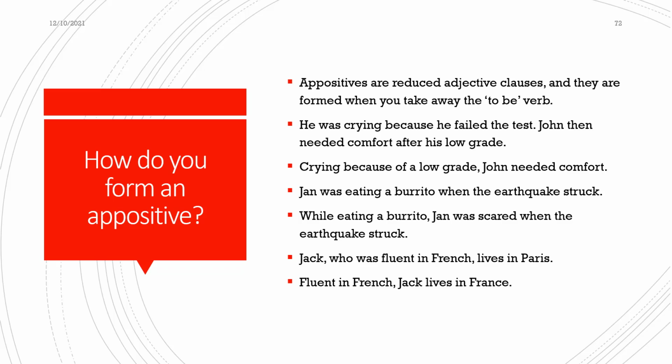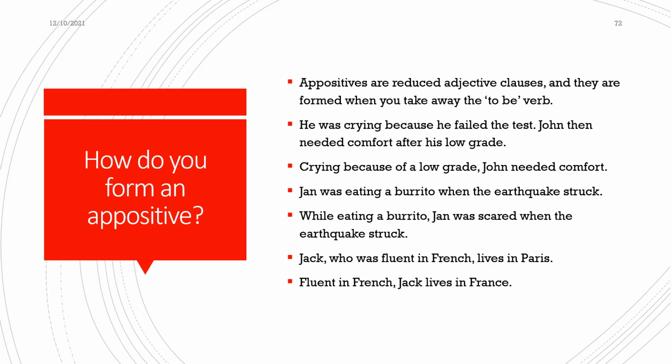So appositives are reduced adjective clauses, and they are formed when you take away the to be verb. So here are some more examples of reduced adjective clauses. Reduced adjective clauses evolved through time because it was understood who you're talking about.